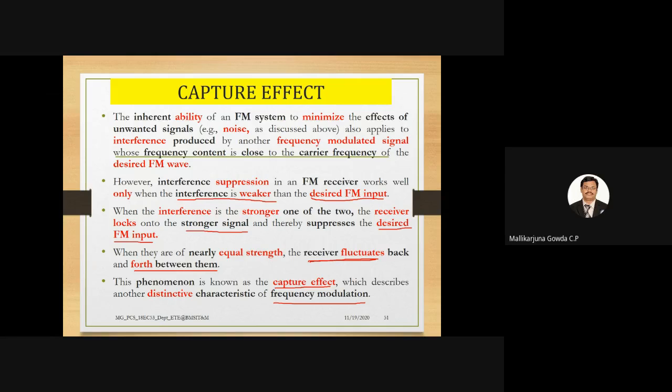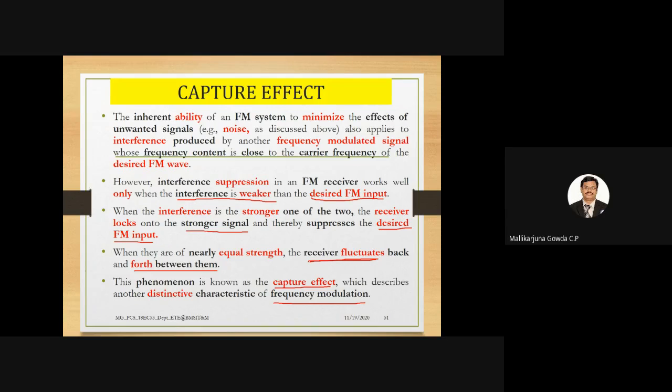I said this FM system has the ability to minimize the effect of noise, right? The same thing can also be applied to the interference which is produced by another FM signal whose frequency is close to the carrier frequency of the desired FM signal. So here we consider three cases.